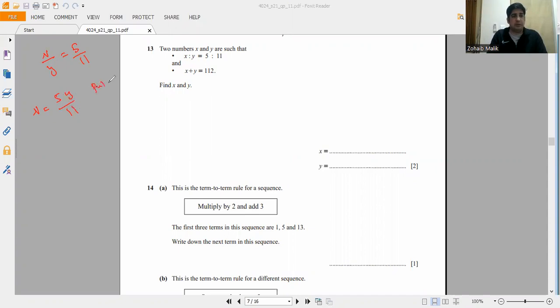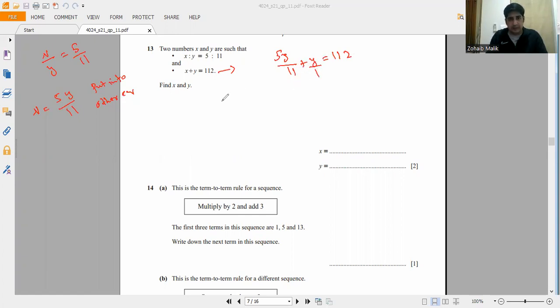Now put into the other given equation, which is x plus y is equal to 112. So in this equation, in place of x, I'm putting 5y over 11 plus y is equal to 112. Now we have to solve this equation.